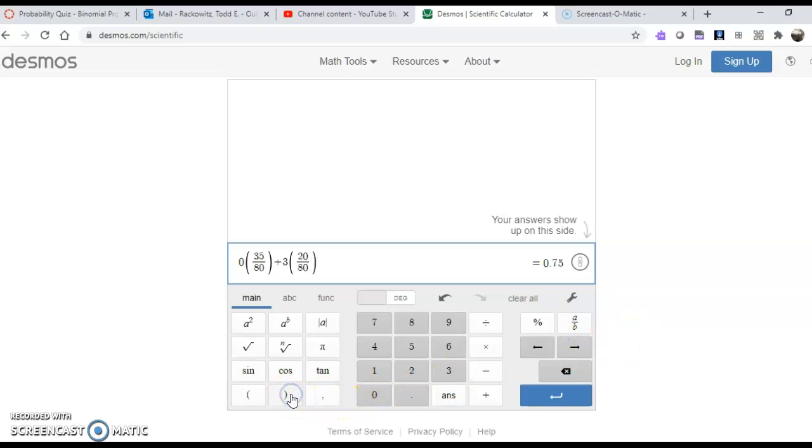Remember to get out of the denominator before you end the parenthesis, plus the next one is 9, 15 divided by 80, plus 16 was the next value, and there were 9 out of 80, plus 22, 1 out of 80.